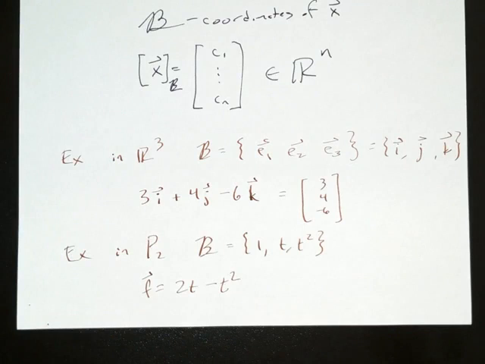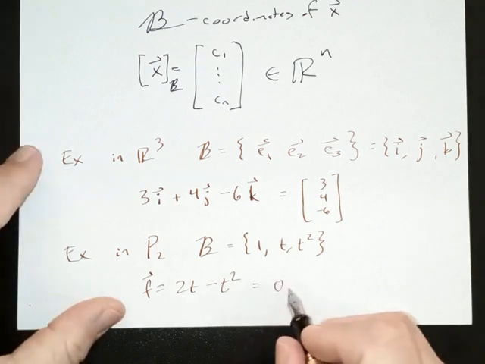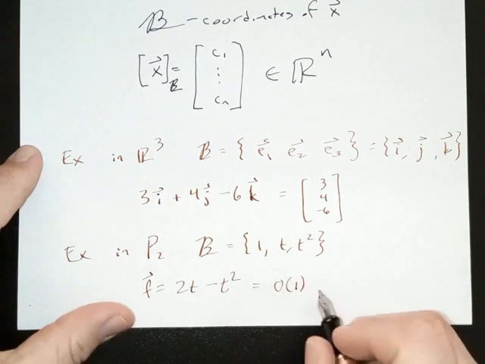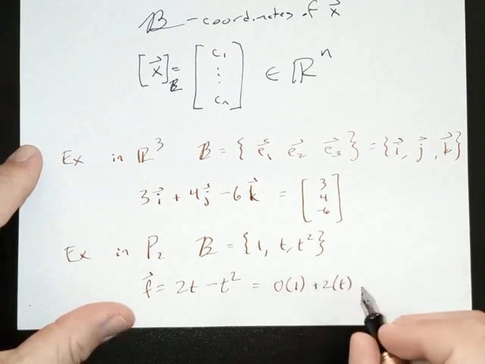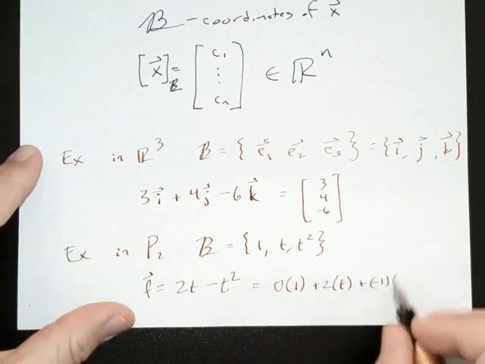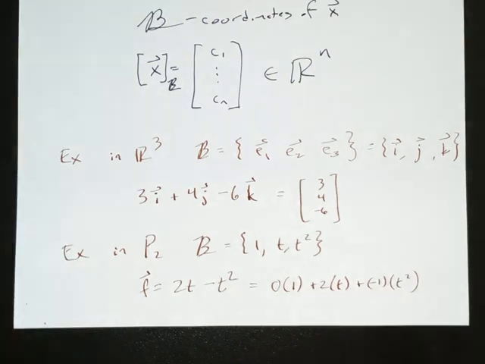Well, in the same way that I wrote i's and j's and k's in the previous example, I can say this is no 1's plus 2t's plus negative 1 t squared, right?